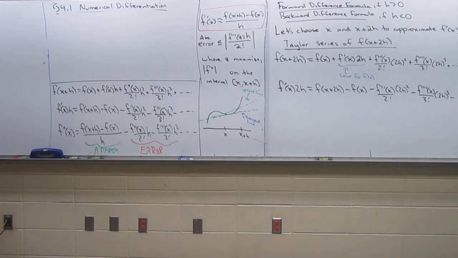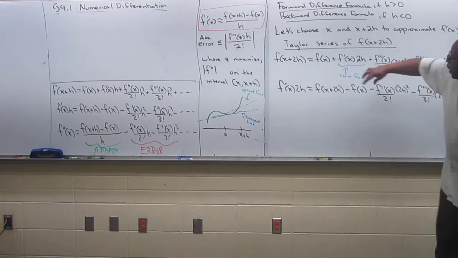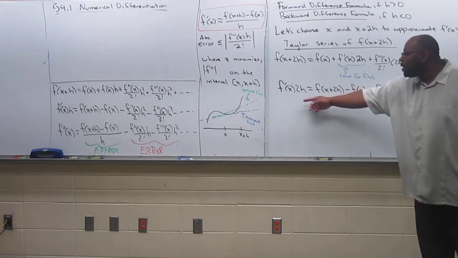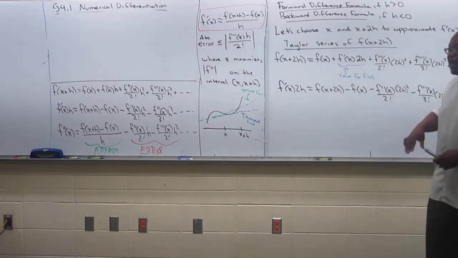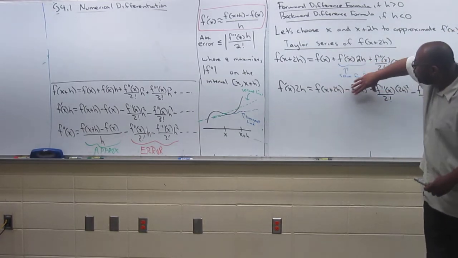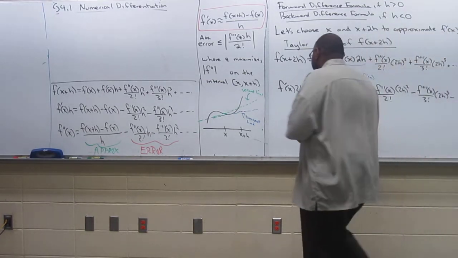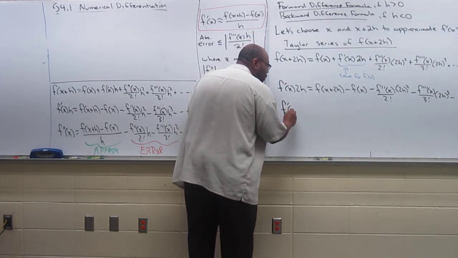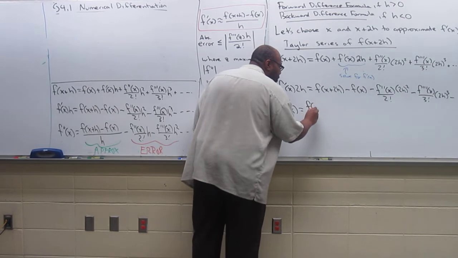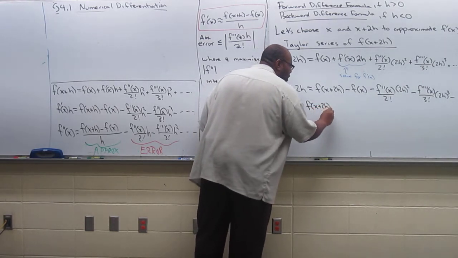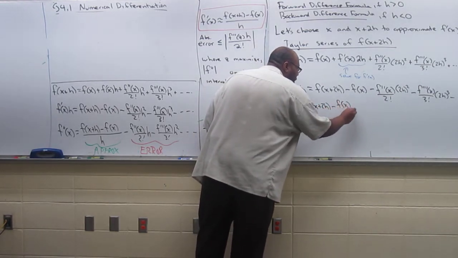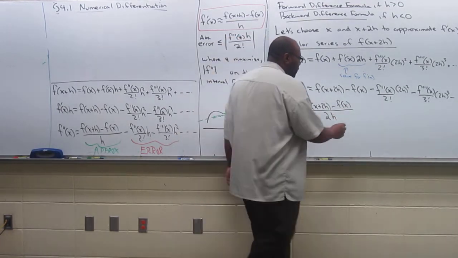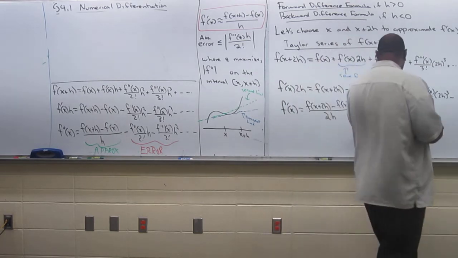Now notice that the first two terms don't have any h's being multiplied times them. So when I divide by 2h, I'm going to divide these two terms by 2h together. They're going to come as a package. So I have f prime of x is equal to f of x plus 2h minus f of x, all that divided by 2h, minus, now I'm going to divide this one by 2h.